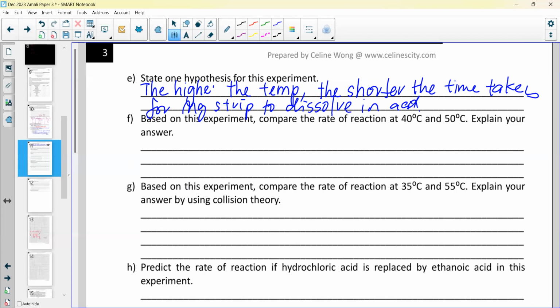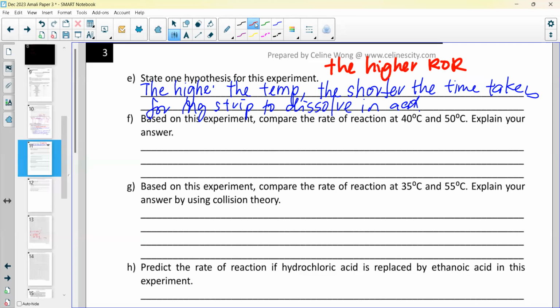Can I write my hypothesis: the higher the temperature, the higher the rate of reaction? Can or cannot? Can. Another one, you can say the higher the temperature, the higher the rate of reaction between the magnesium strips and the hydrochloric acid. Okay, can.